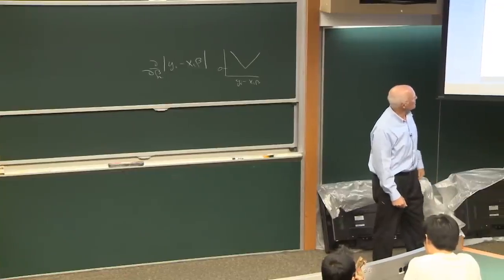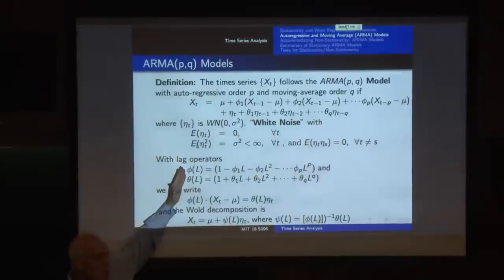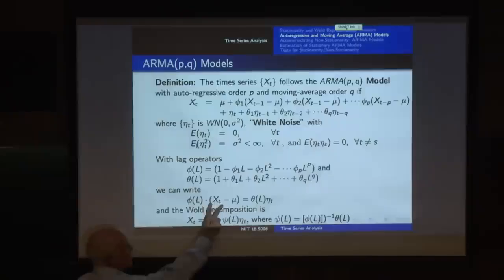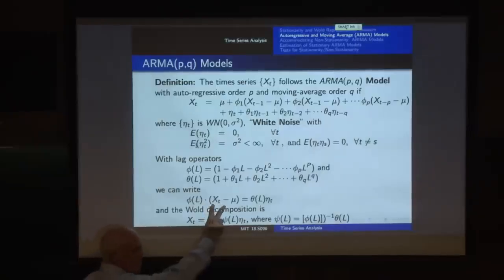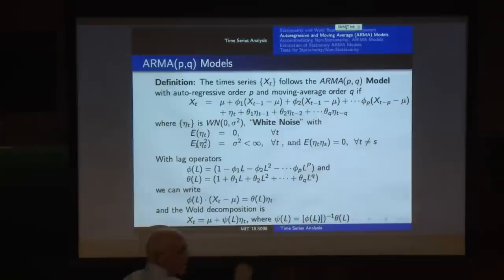has this, the Wold decomposition. Okay, this is basically a representation of the ARMA time series model. Basically we're taking a set of lags of the values of the stochastic process up to order p, and that's equal to a weighted average of the eta t's.